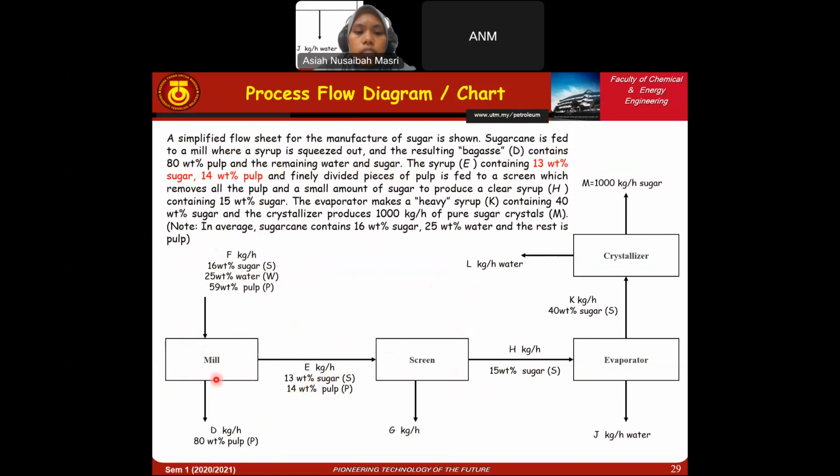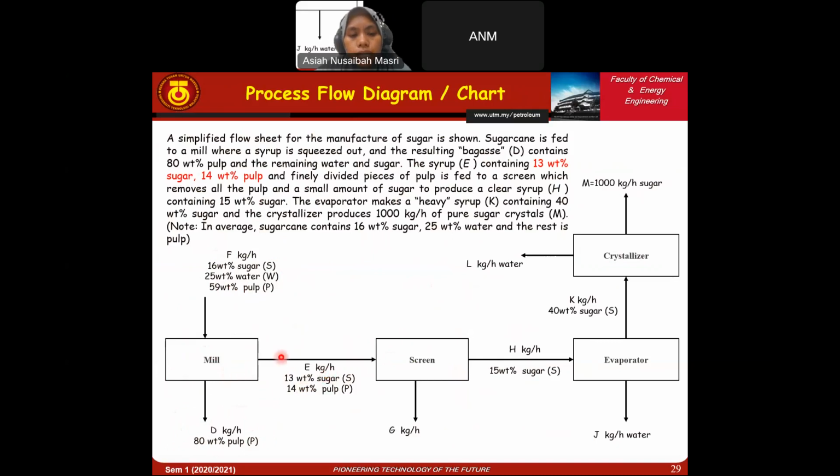So here is what was being squeezed, and this is the rest. The rest will be the bagasse, which is labeled as D, kilogram per hour as the flow rate, and it consists of 80 weight percent pulp. And we have 20 weight percent more, which contain both water and sugar. So we don't know how much is each.